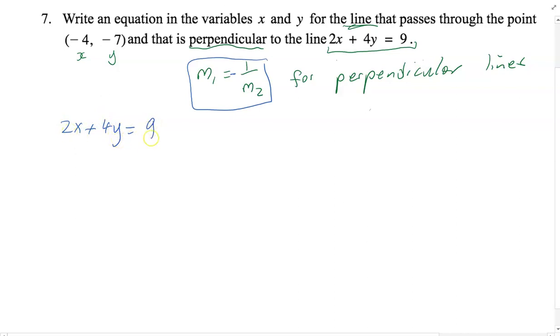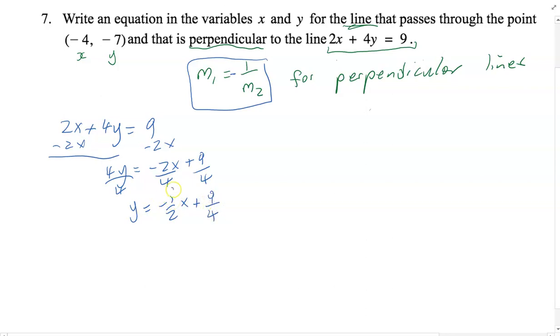I want to rewrite this in slope-intercept form, so subtract 2x from both sides and then divide by 4. 4y is equal to negative 2x plus 9. If we divide by 4, we have y equals negative 1/2 x plus 9 over 4. We are mostly interested in this negative 1/2, which we call m1. But m1 is the negative reciprocal of m2, so m2 will be equal to 2.